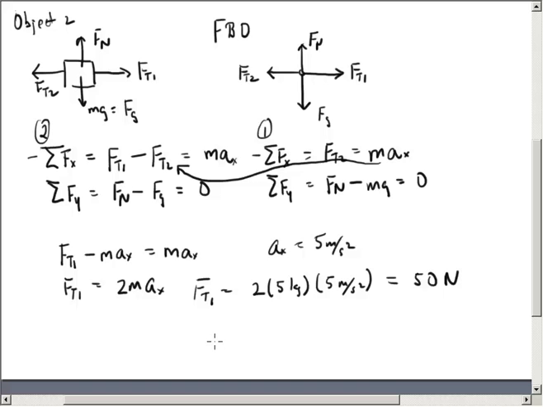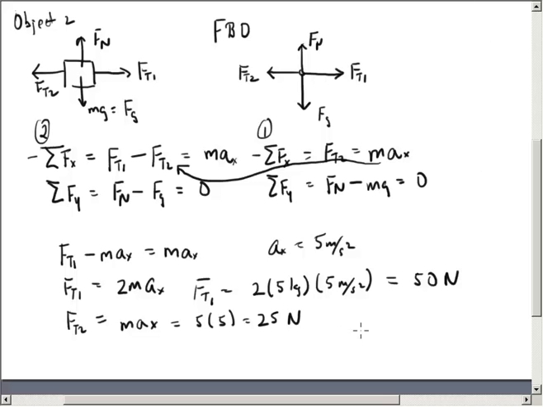Likewise, now that we have Ft1, we can obtain Ft2. Ft2 will be simply equal to max, and that's going to be equal to 5 times 5, which would be equal to 25 Newtons.